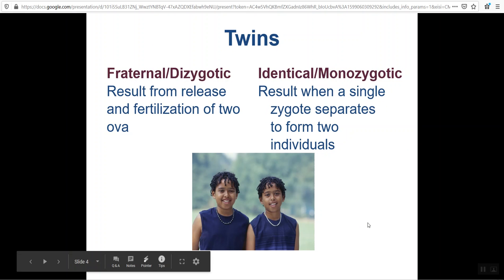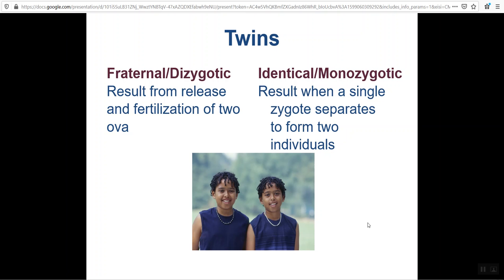As I mentioned, there are identical twins. There are also individuals who are fraternal twins. Identical twins happen when a single egg is fertilized by a single sperm, and then that separates into two individual zygotes, and then those zygotes form individual babies.